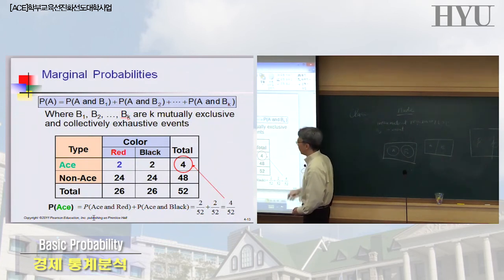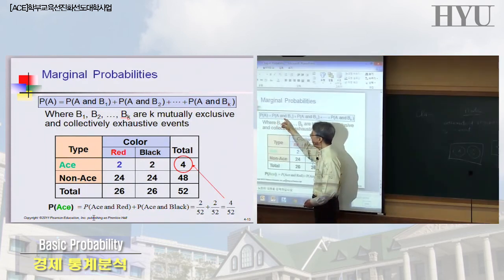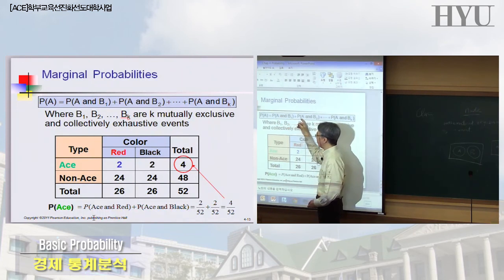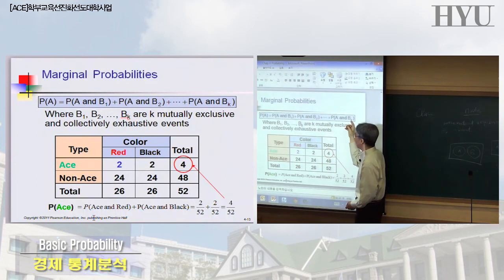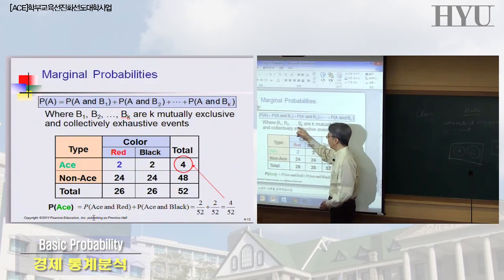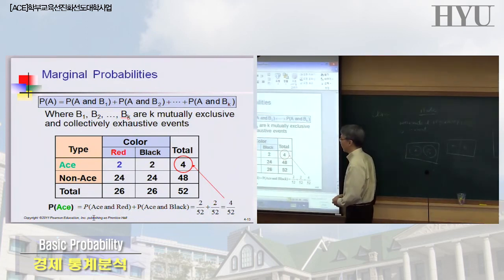Probability of A is probability of A joint B1, plus probability of A joint B2, and so on up to all the possible outcomes in B, where B1, B2, through Bk are k mutually exclusive and collectively exhaustive events.